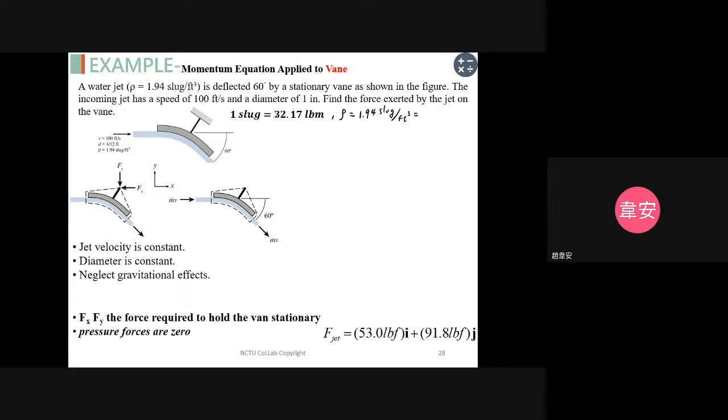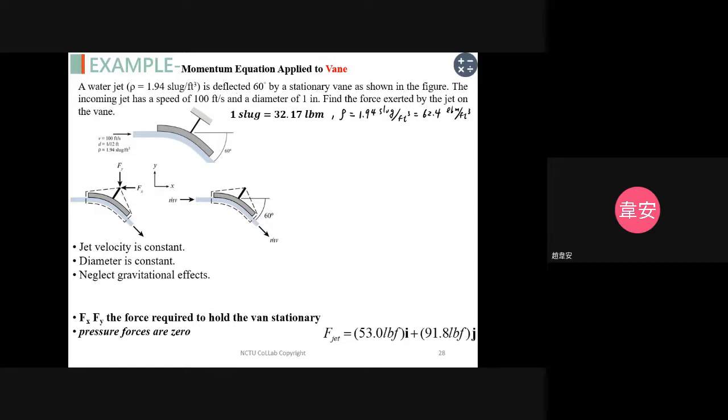And we know 1 slug is equal to 32.17 pound mass, so it's also equal to 62.4 pound mass per ft cubed.